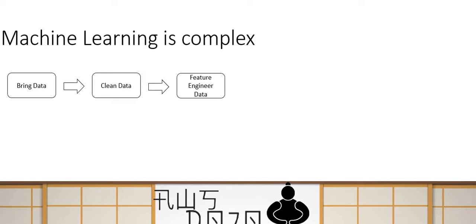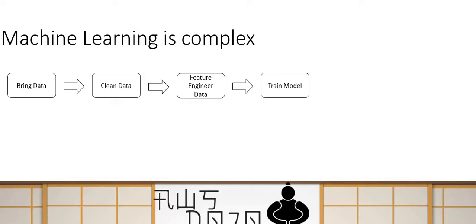Then you do feature engineering on the data, whether you're trying to create some new data out of the existing data, or do encoding of your features, because most machine learning algorithms only accept numeric values, or, for instance, only arrays. For that purpose, you have to do feature engineering.